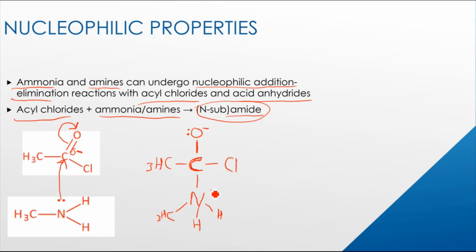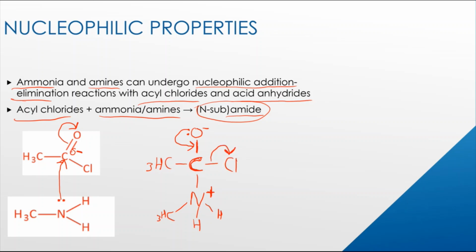So there will also be a plus on the nitrogen, and what can now happen is we can end up forming that double bond again. So there will be a curly arrow going from the lone pair on the oxygen into the single bond, and that would be forming a double bond. And now because that carbon would have 5 bonds, what it wants to do is get rid of that chlorine.